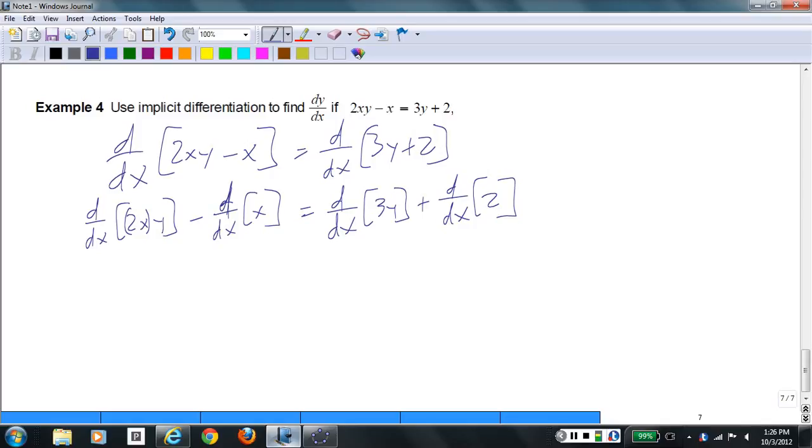So I'm going to treat the 2x as one expression and the y as another, and think of it as the product of those 2 expressions. If you wanted to, you could dissociate the 2 with the y, but that's what I want to do. Got to do something with the 2, and that's what I'm choosing to do with it.